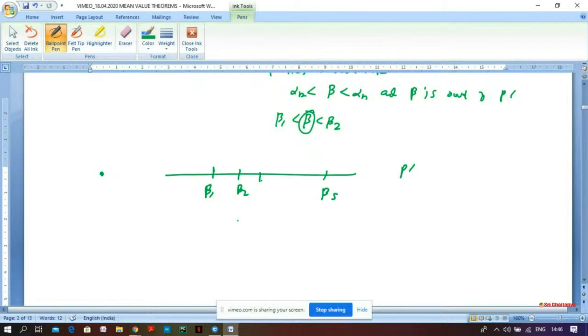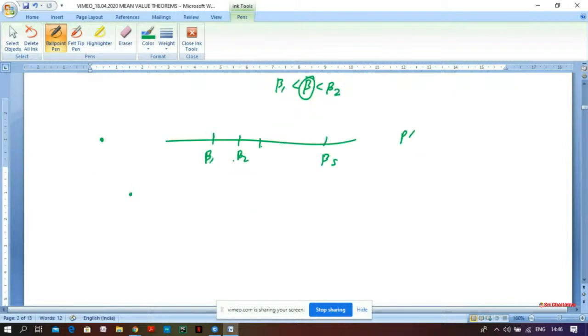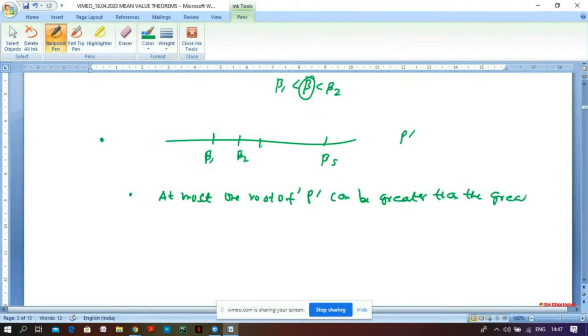Now you are saying that between two roots of P prime there is at most one root of P, and then at most one root of P can be greater than the greatest root of P prime.